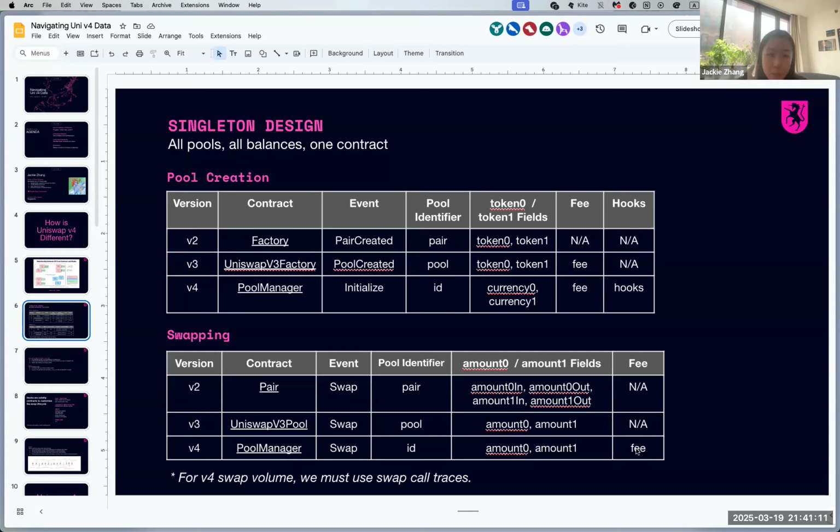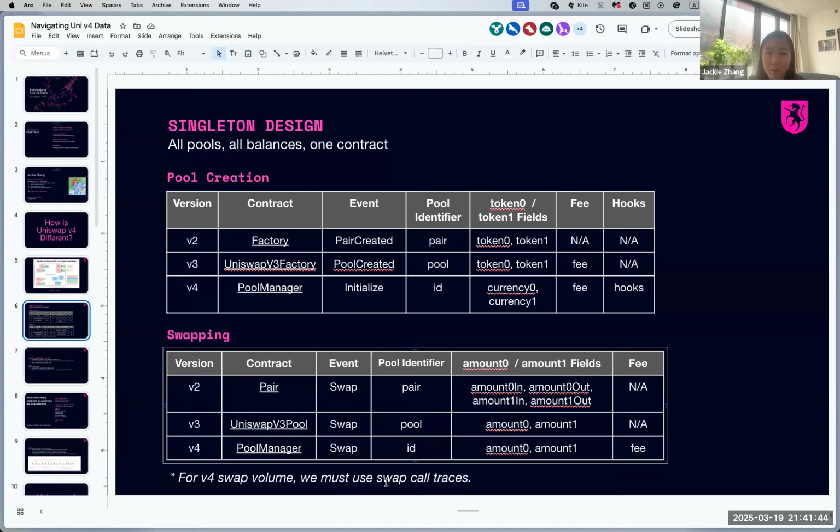That means the swap event's amount0 and amount1 are going to be zero, so they're going to be inaccurate. In that case, we actually have to use the swap call traces, because the swap call forces the hook contract to return a return delta variable for us to then accurately capture the amounts being swapped. So that's the caveat I want to mention about the swap event for V4.